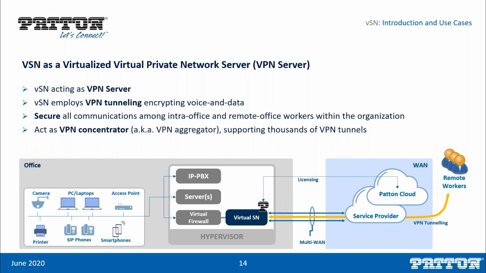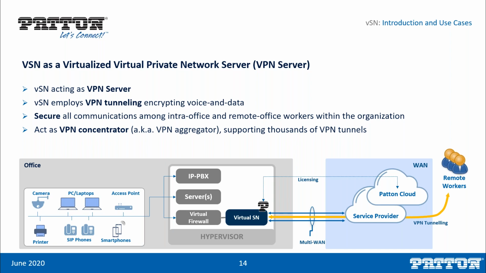So the way it works here is that the remote worker, being in the home office, sets up a VPN tunnel back to the enterprise, so that they have access to the servers running in the enterprise, that they can work on documents and collaborate with each other. So really for the remote workers to be fully integrated in the enterprise, as far as data and data access is concerned.